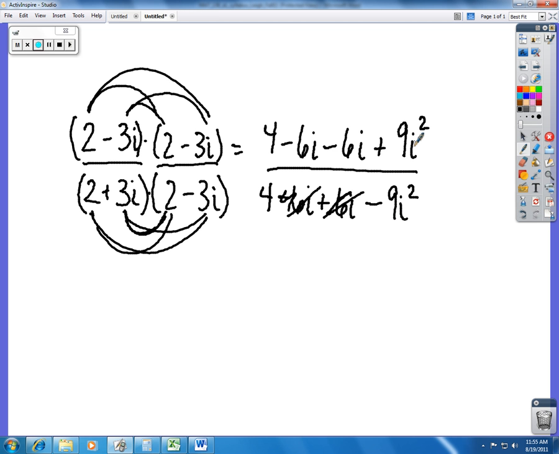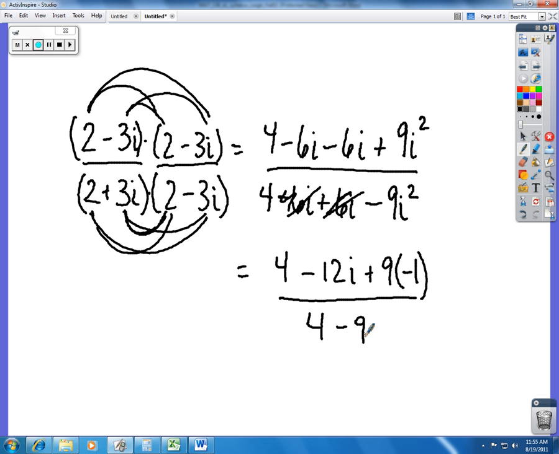And again, I can replace this i squared in the numerator and in the denominator with a negative 1. So I'm going to start condensing stuff down. In the numerator, I've got 4, and I've got 2 negative 6i's, which becomes negative 12i, and then plus 9 times a negative 1, replacing that i squared with the negative 1. In the denominator, I've got 4 minus 9i squared, and again, I'm replacing that i squared with a negative 1.